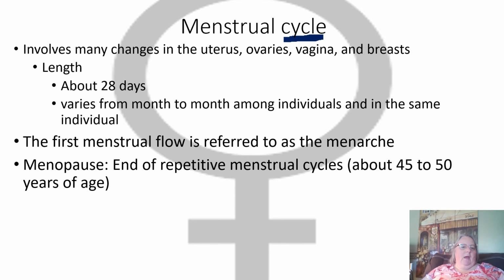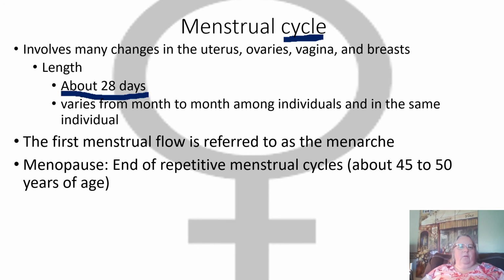So you may have a menstrual cycle that's 28 days this month and 29 next and 27 the month after that, so it varies. But when we talk about it medically, we stick with these 28 days.